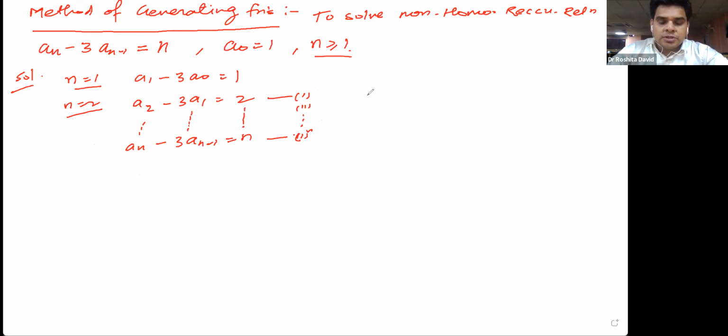You know the generating function is represented in terms of polynomials. So we are trying to create polynomials, and to create a polynomial, a variable is required. Here we don't have any variable, so we will multiply the first equation by x, the second equation by x square, and the nth equation by x to the power n.